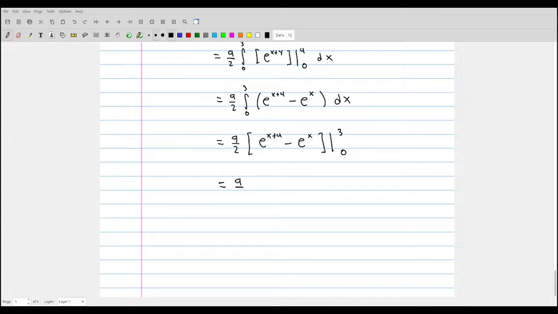So when we plug in, we get 9/2 times e to the 3 plus 4, which is e to the 7, minus e to the 3, minus e to the 0 plus 4, which is e to the 4, minus e to the 0.